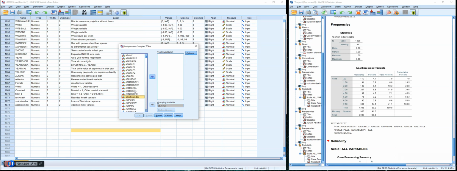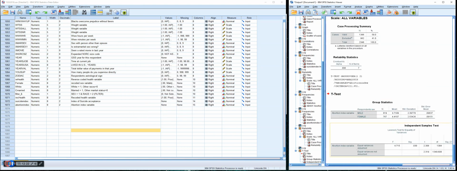So the aversion index, and in options, 1 and 2 and aversion index. We are just checking whether male or female people have a different mean of the aversion index score.